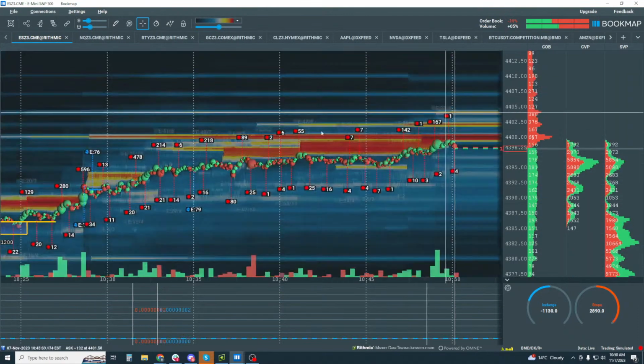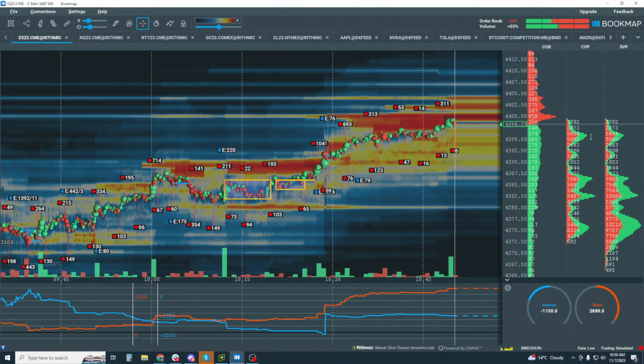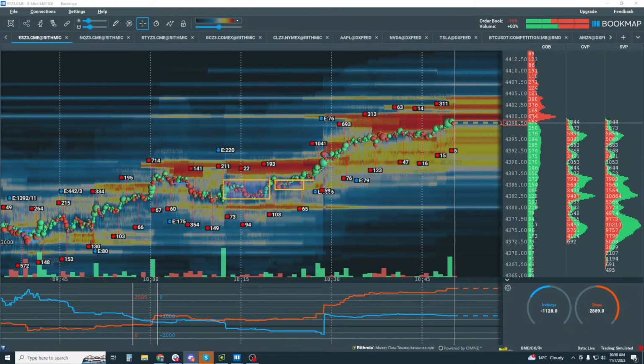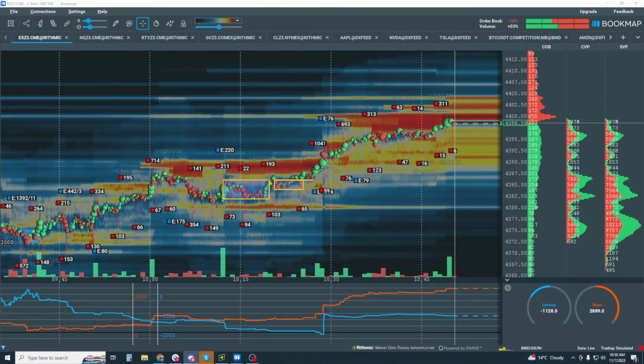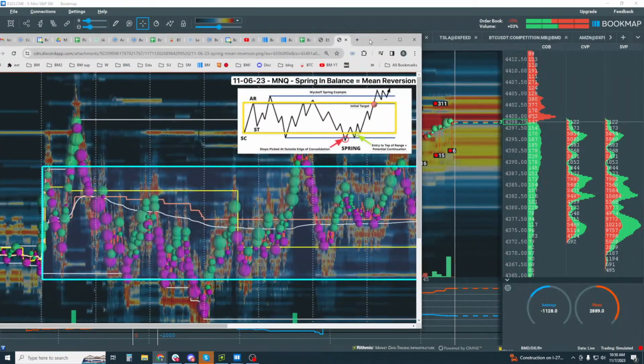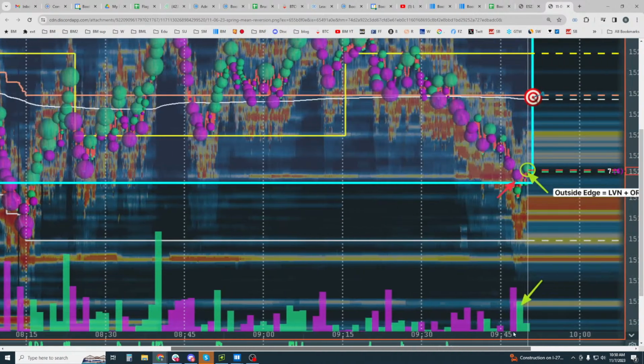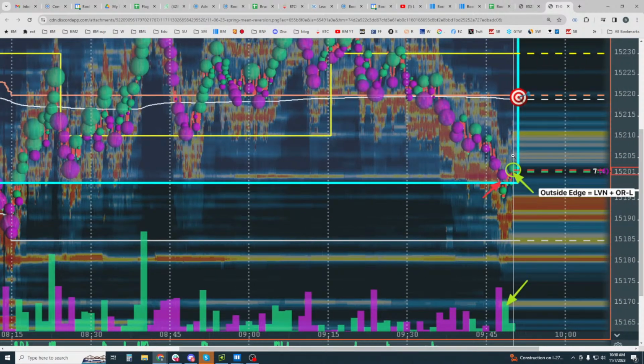Now, for example, Slowdown has created a new one here as well. But his setup, he's added into his spring setup here. He's looking for stop hunts below an area and then a reversal. Outside edge, stop hunt, down in this area here.